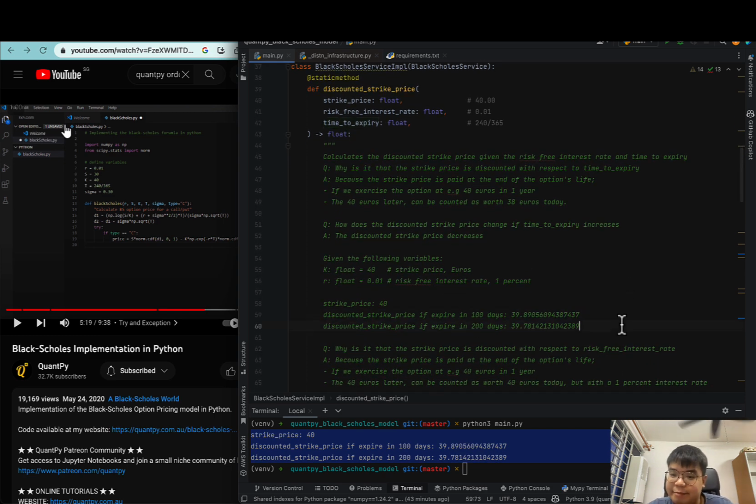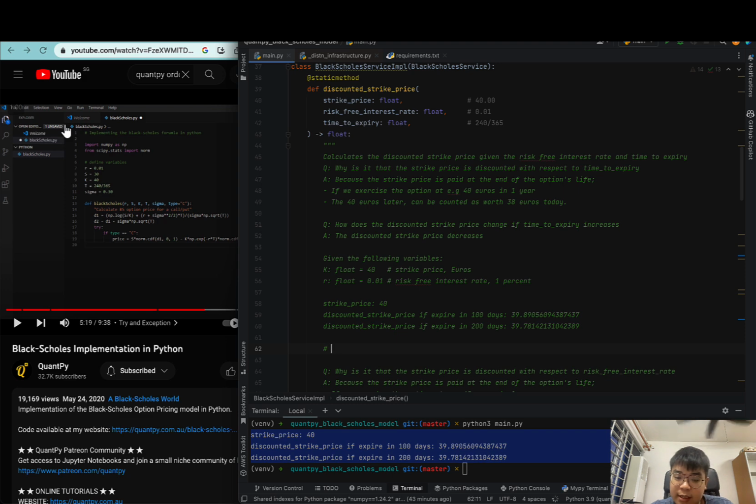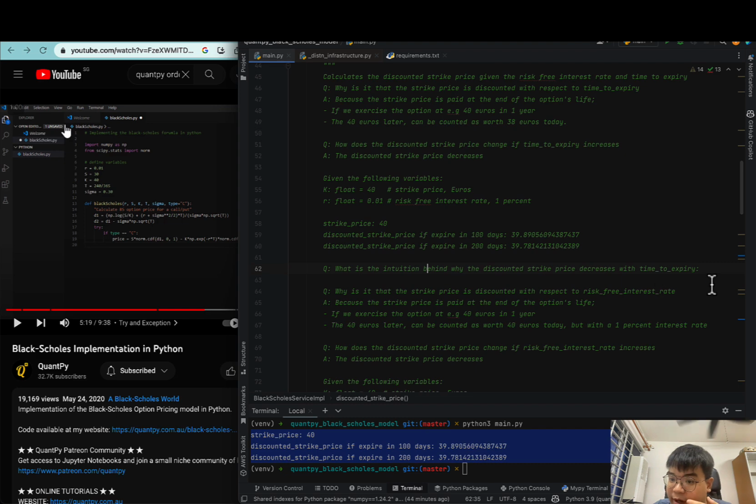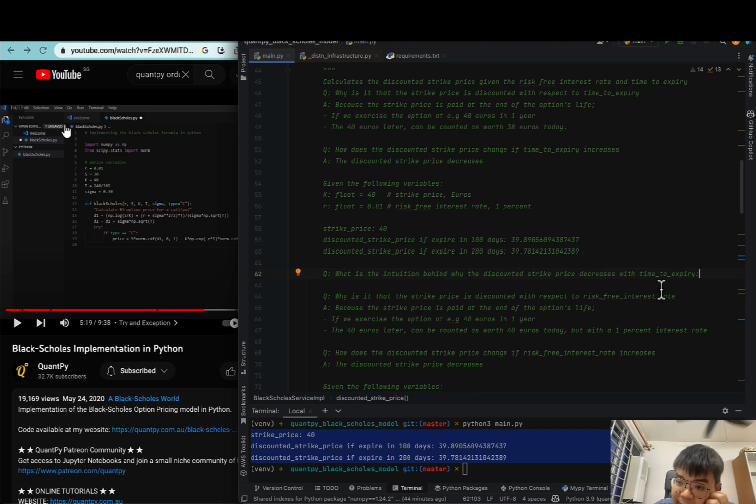I guess that makes sense. What is the intuition behind why the discounted strike price decreases with increasing time to expiry?